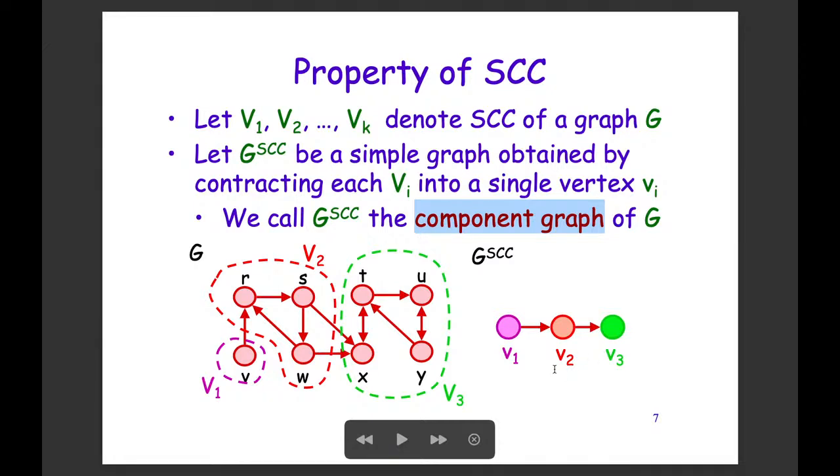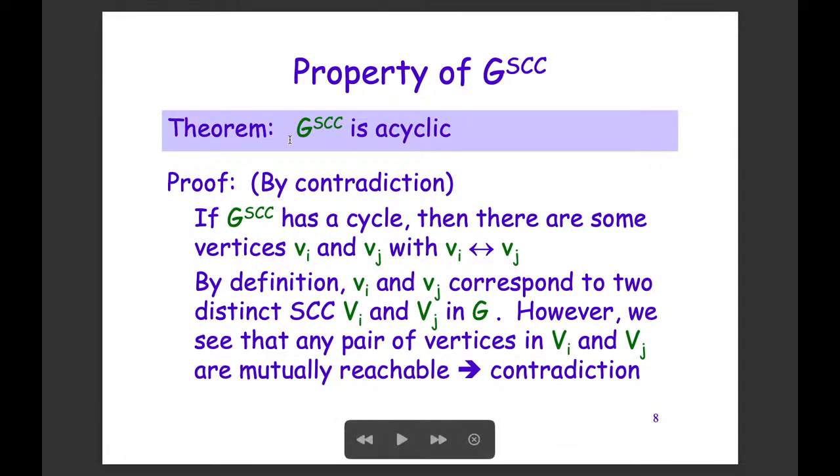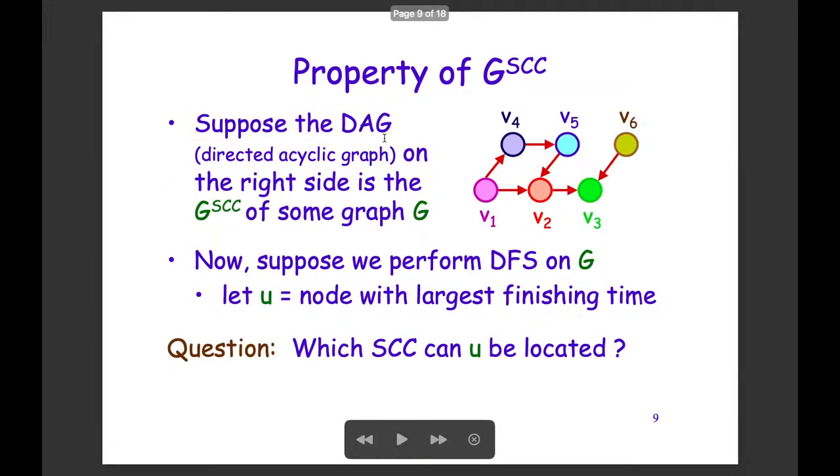On the other hand, because there is a back edge here, every vertex in V3 can also reach any vertex in V1. In that case, the vertices in V1 and the vertices in V3 should belong to the same strongly connected component. So there is a contradiction. In such a case, the component graph has to be acyclic.